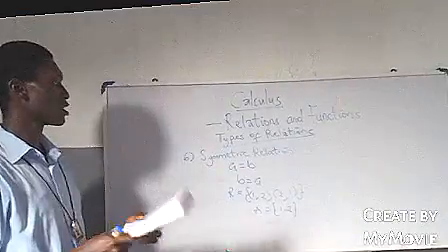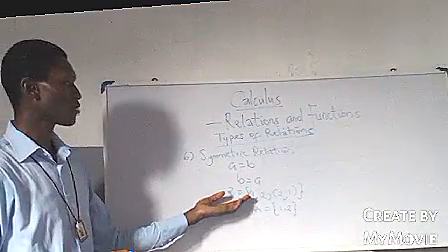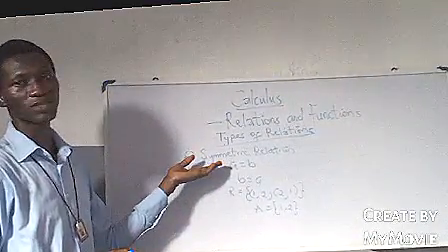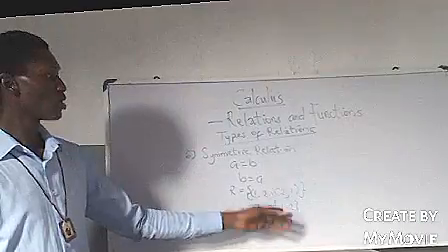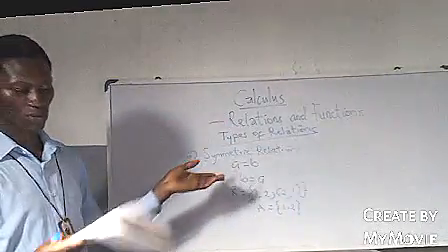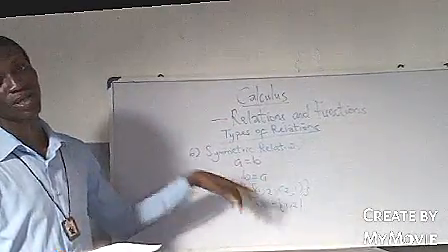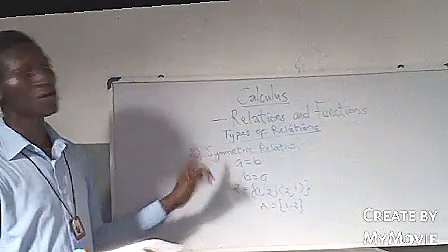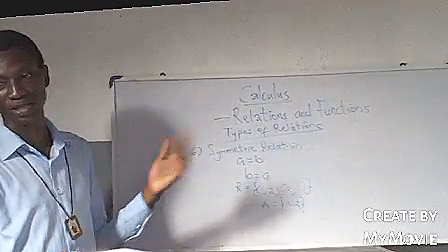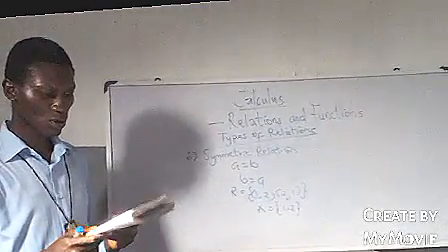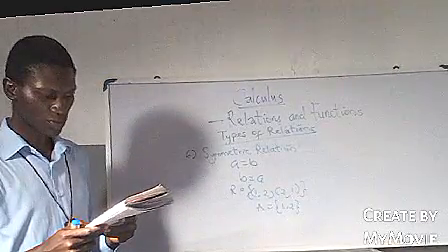What we are simply saying, if it's a symmetric relation, is that 1 can be equal to 2 and 2 equal to 1, or A equal to B and B equal to A, so long as A equal to B is true and B equal to A is also true. So this is what we call symmetric relationship.